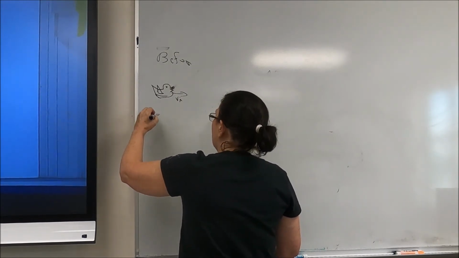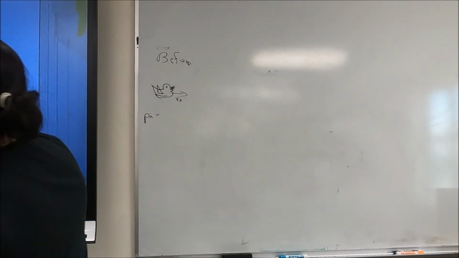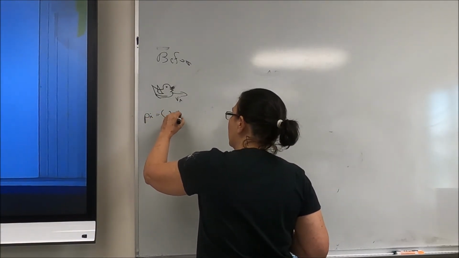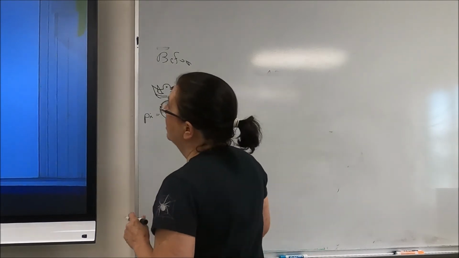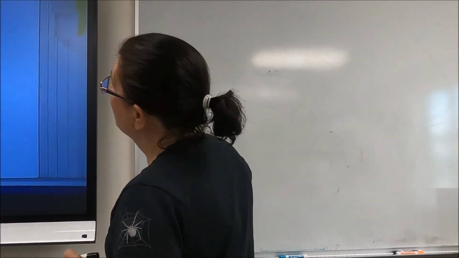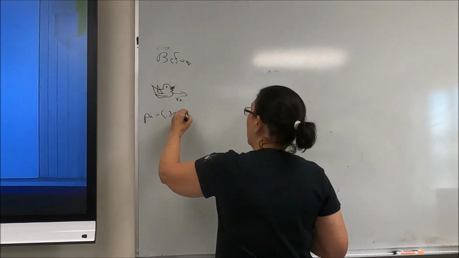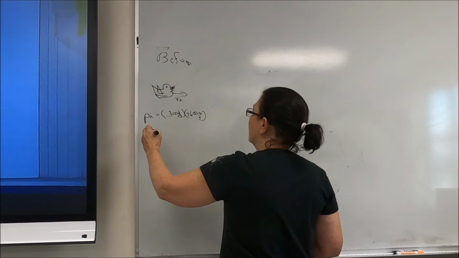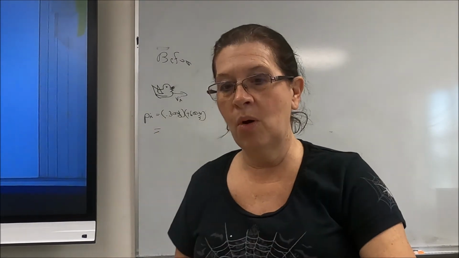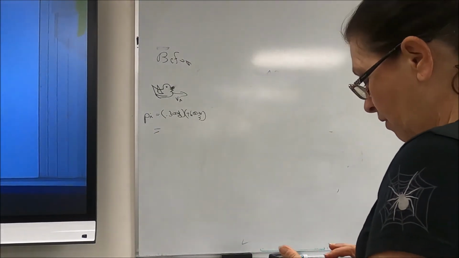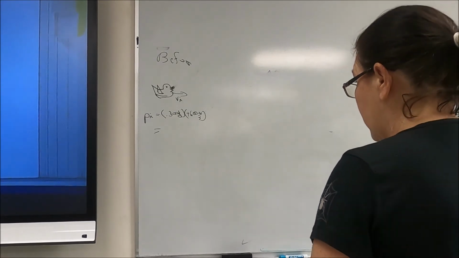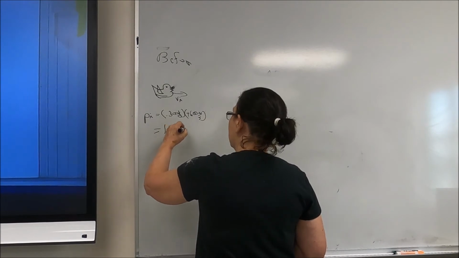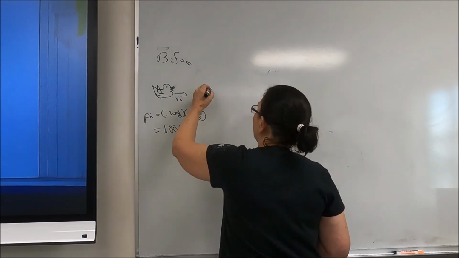So the momentum initially of the bird, it's a 300-gram bird, so 0.300 kilograms, times the speed, and the way I have it drawn, this is going to be plus 6 meters per second. So it has a momentum initially of 0.3 times 6, so 1.80 kilogram meters per second.